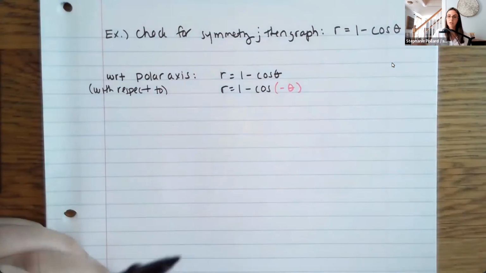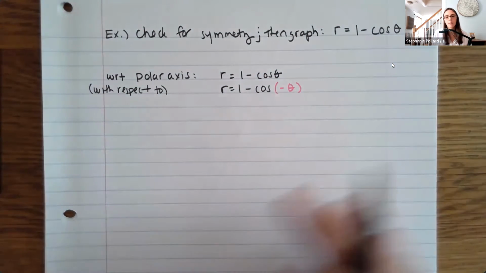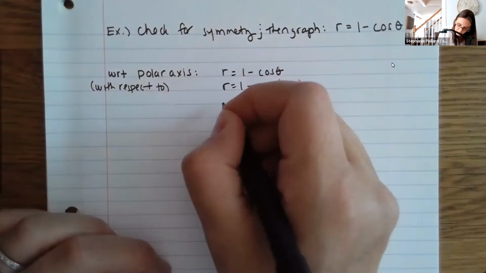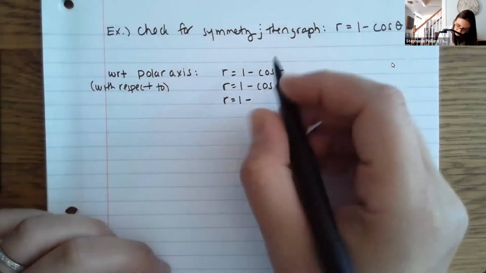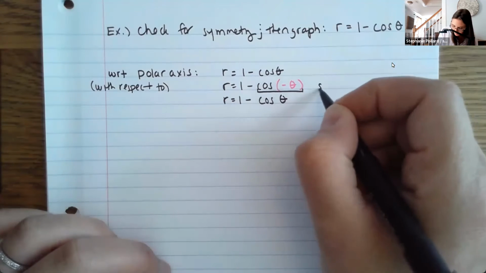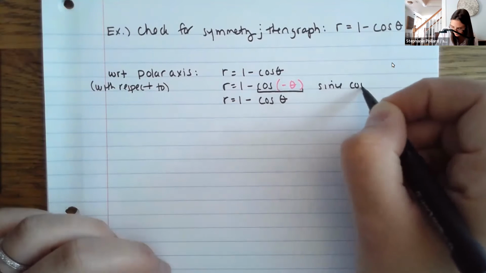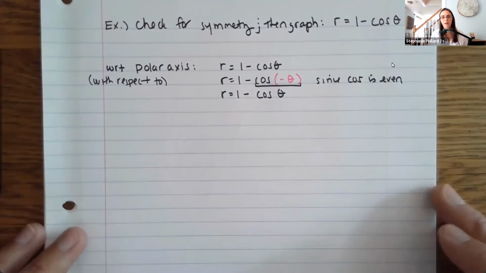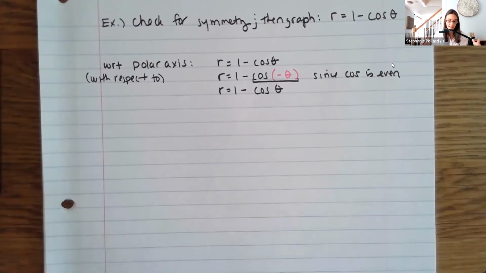I'm just going to use a different color just to show that change. Now here you have to recognize your rules. You want to remember that cosine is actually an even function. And because cosine is an even function, this is actually the same thing as cosine theta. So cosine of negative theta and cosine of theta are going to be the same exact thing.